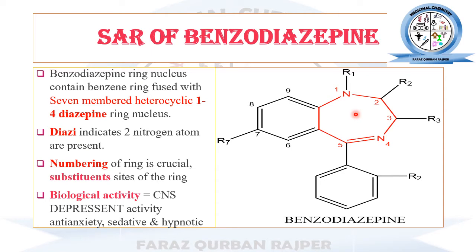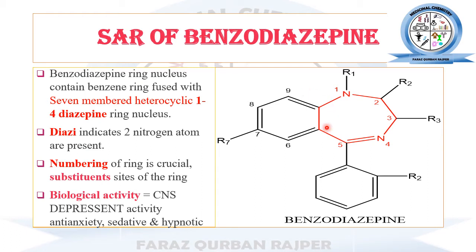The numbering of the ring starts from this nitrogen atom, because this nitrogen atom is nearer to the benzene ring with which this diazepine ring is fused. So the numbering will start from here: 1, 2, 3, 4, 5, 6, 7, 8 and 9. So these are the different positions of the benzodiazepine ring.